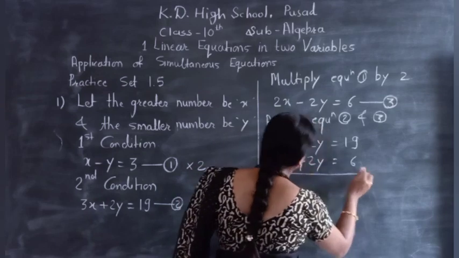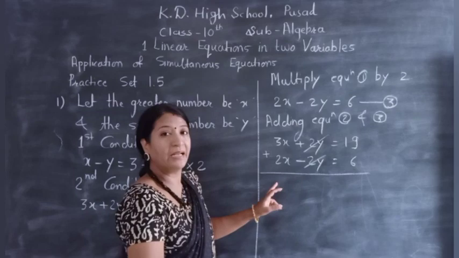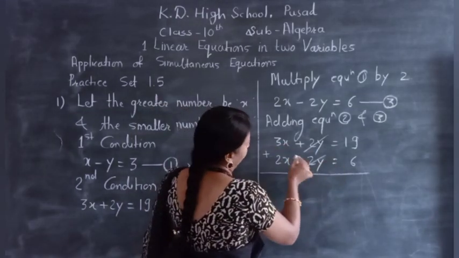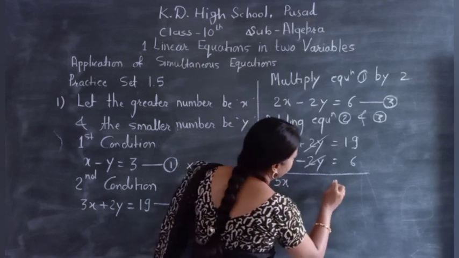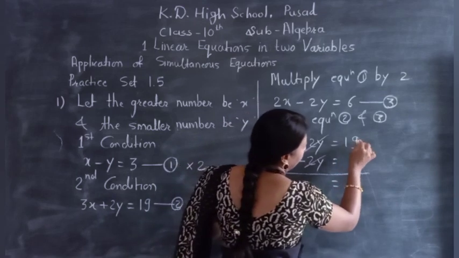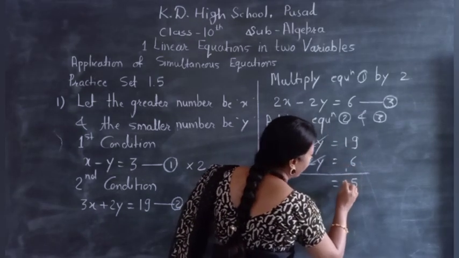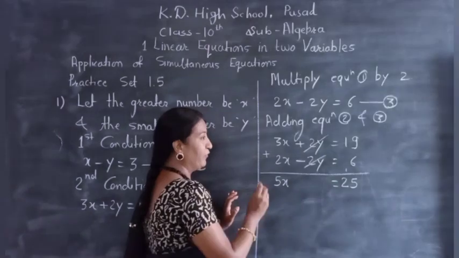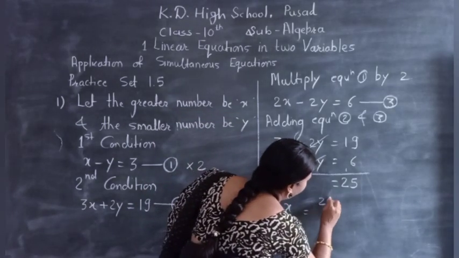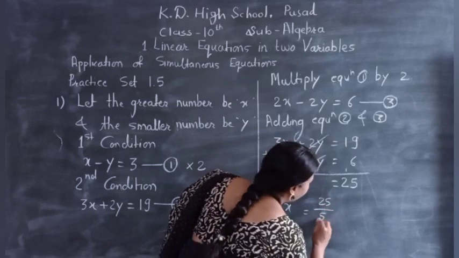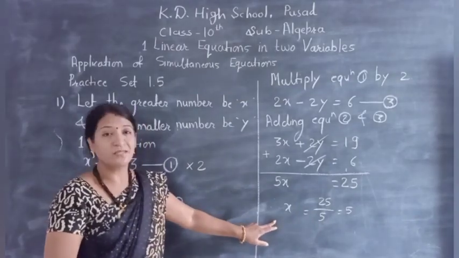What we get? Positive 2y and negative 2y get cancelled, and 3x plus 2x is 5x, is equal to 19 plus 6, that is 25. Therefore, x is equal to 25 divided by 5, that is x is equal to 5.